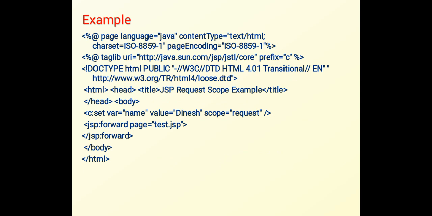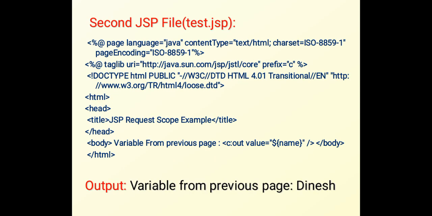As in the example, again we are creating the variable name and its value is Dinesh, and the scope of this variable is request. On the same page we forward to the next page test.jsp. On test.jsp, we are displaying the value of that variable name.